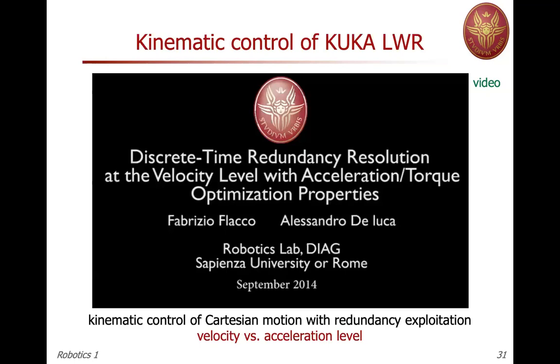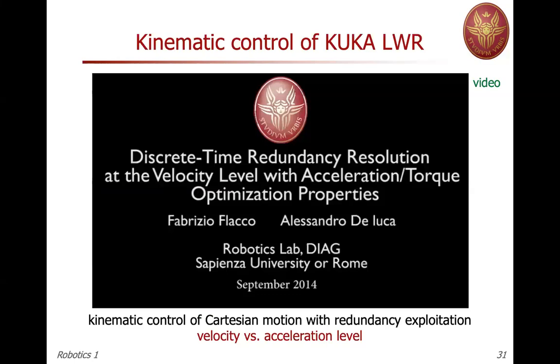In resolving the redundancy, in this case, we have to follow a Cartesian path in position only. So the task is three-dimensional, and the robot has 7 degrees of freedom. So there is enough redundancy, and we can optimize some criterion. There are several things that you can do. If you work at the acceleration level, you may also take into account some dynamic effects.